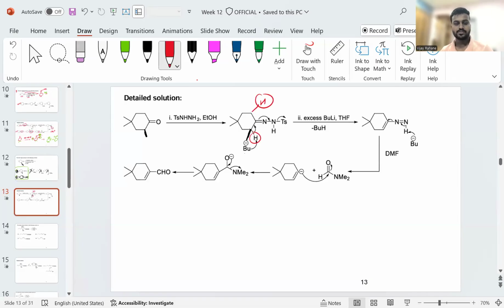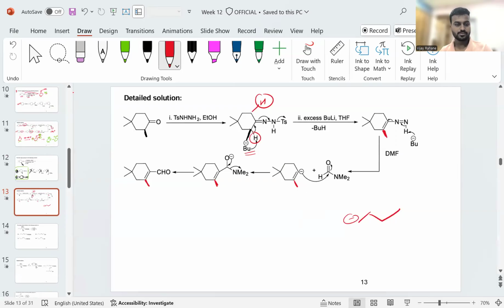Butyl lithium is not that much bulkier, keep in mind. This butyl lithium is the C negative, so not much bulkier. It can easily access this proton also. So it depends upon the stability of the double bond. So which product do we get?